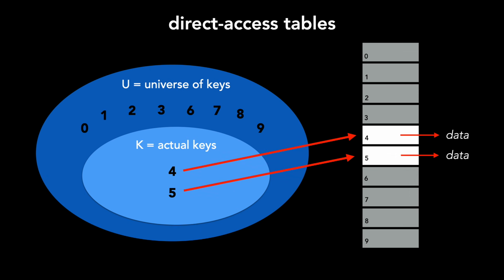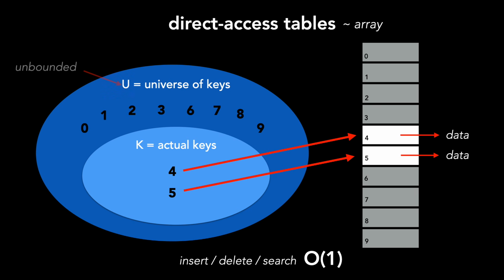With direct access tables, insert, delete, and search are all constant time operations. In other words, a direct access table is an array. And if you need to represent every key in the universe, we say U is unbounded and impractical to store in memory.